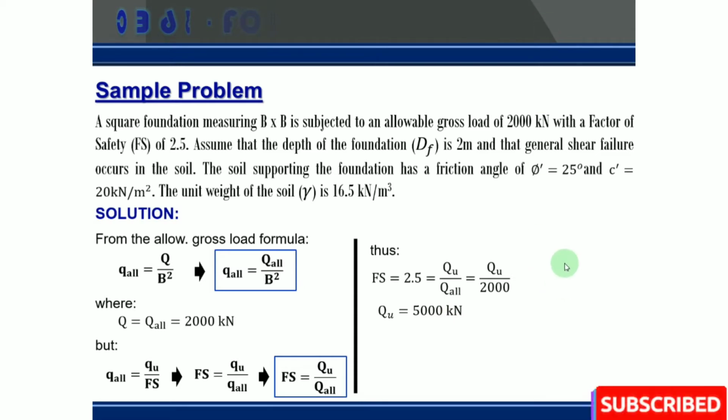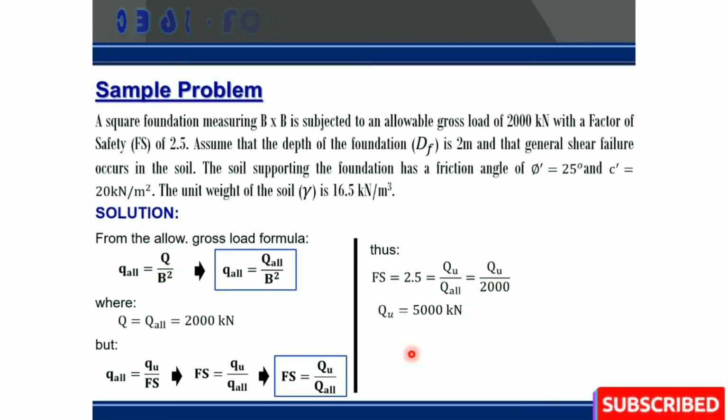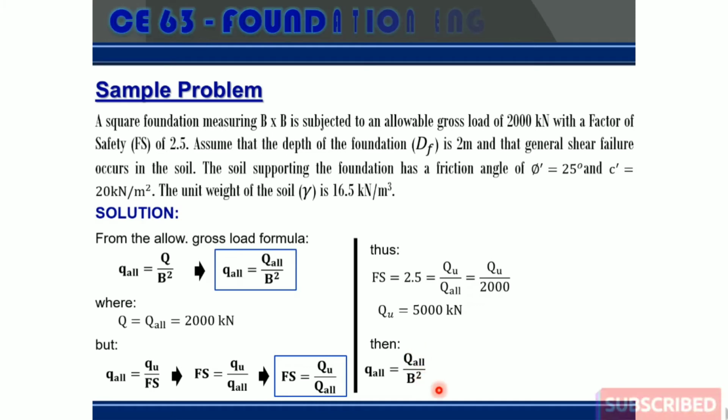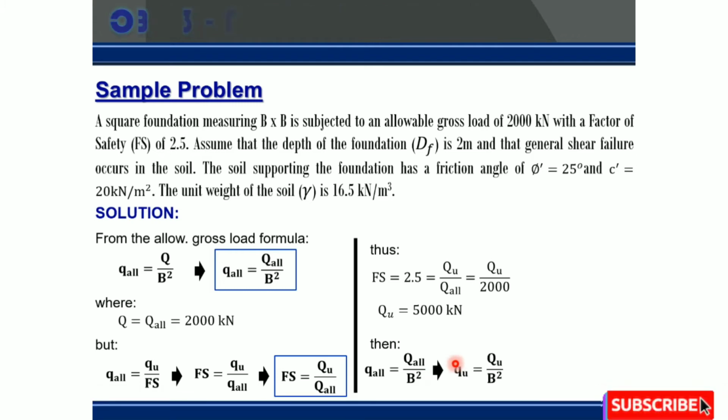Okay, so proceeding now with our calculation, we have now this small q, this q allowable over this load Q over the B squared. So we have now this value from this formula. So we can therefore say that our q ultimate is just also equal now to this ultimate load capital Q over this B squared.